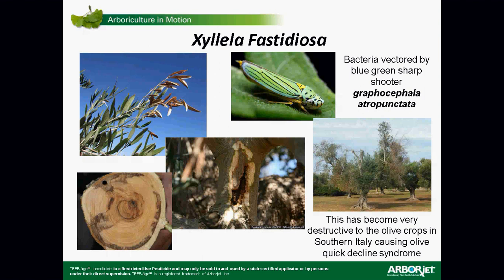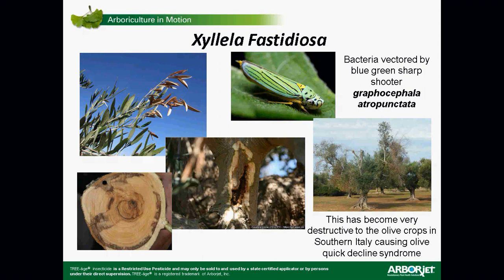We tend to see this in olives. We tend to see this starting to show up in our liquid ambers. And essentially, this one is another vascular infection that unfortunately causes branch dieback. This one in particular is vectored actually by a pest. So in some cases, you can treat for the pest to stop the spread of the disease.